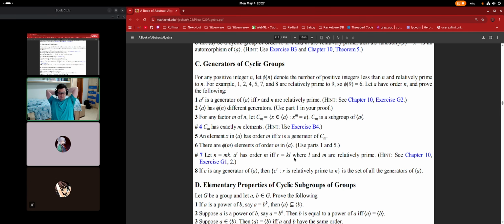Which exercise made you realize that? It was specifically C2, and C3 basically.